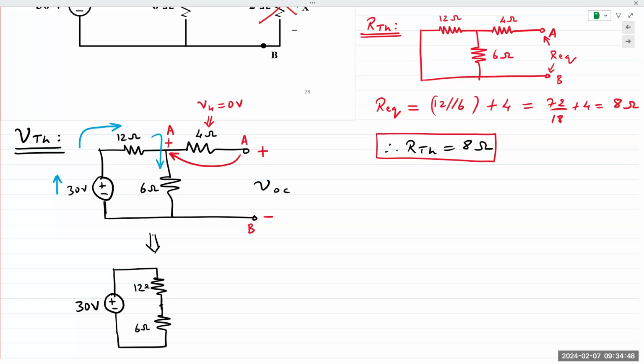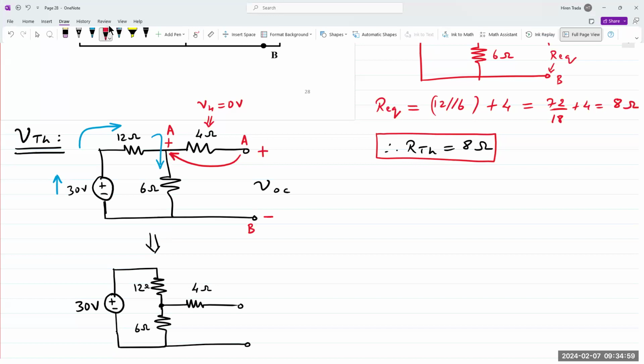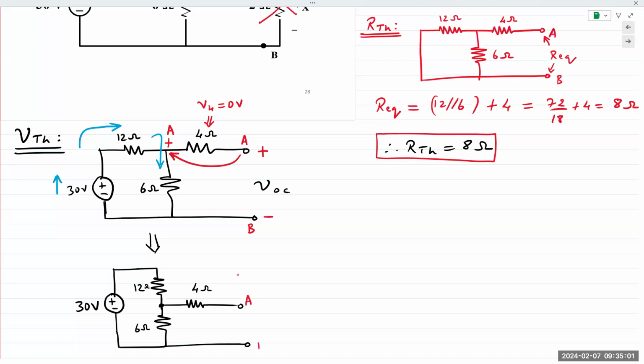This is the 6 ohm resistor. And this is the 4 ohm resistor. A and B, and for the purposes of analysis, that terminal also is kind of A and B. Same circuit, just drawn a little bit differently, that's all.